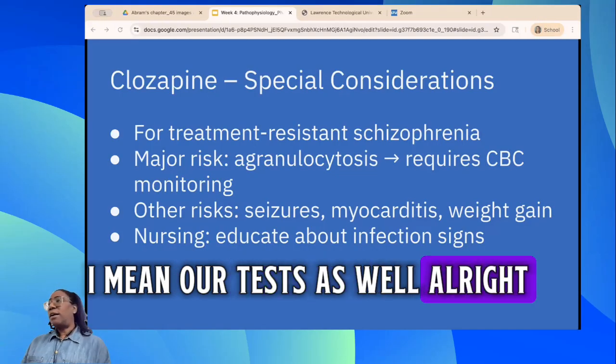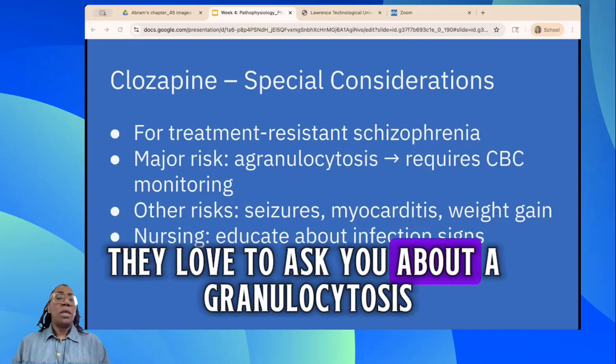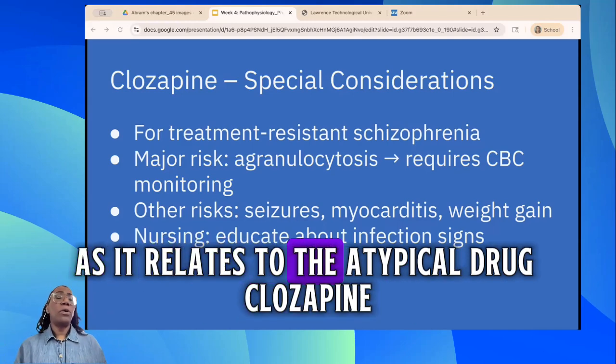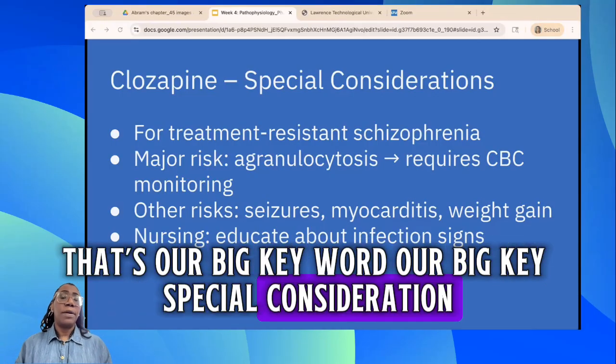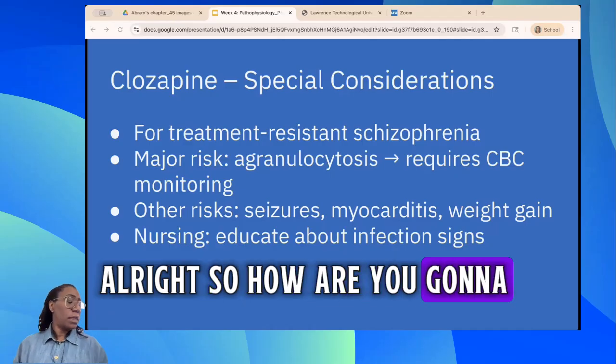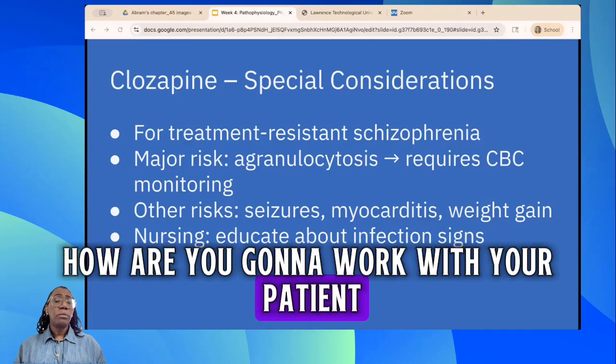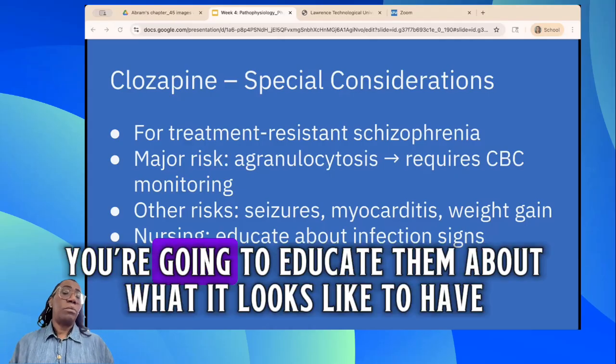All right. They love to ask you about agranulocytosis as it relates to the atypical drug clozapine. Okay. That's our big key word, our big key special consideration. So how are you going to work with your patient? You're going to educate them about what it looks like to have infection, right?